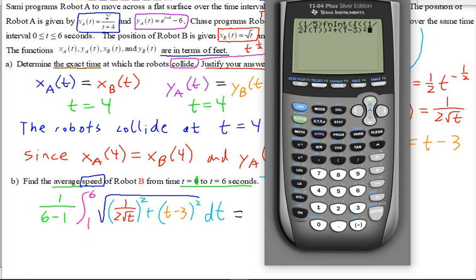And then we need a close parentheses to close off the square root. And then comma, t is our variable, comma, 1 is the lower limit, comma, 5 is the upper limit.